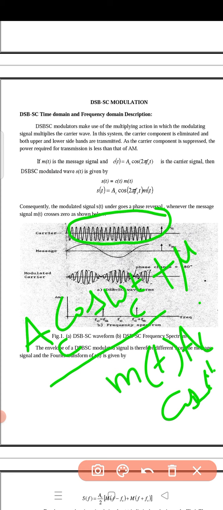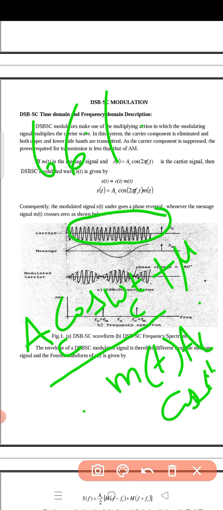So this carrier is sent along with the amplitude modulation wave, and then it requires more power. How much power does it require? Around 66% of the power.